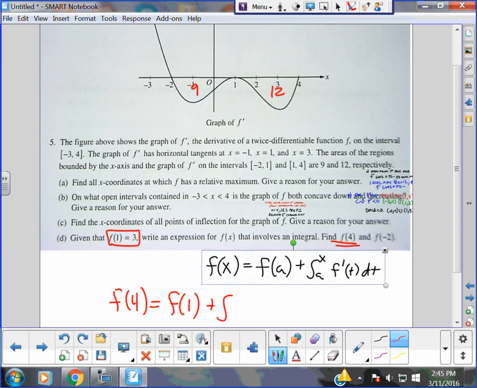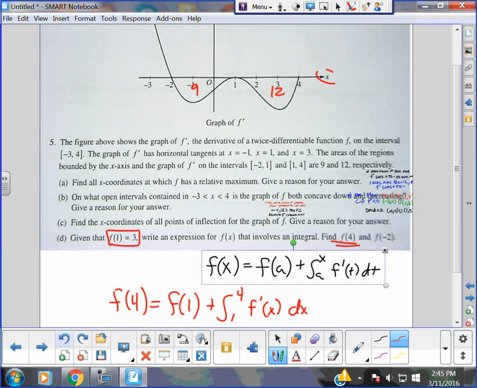Plus the integral from what? The integral has to go from 1 to 4, from the initial condition to the value you want, of the derivative, f prime. On our graph above I can put it as t, but our graph has x, so I can use x.